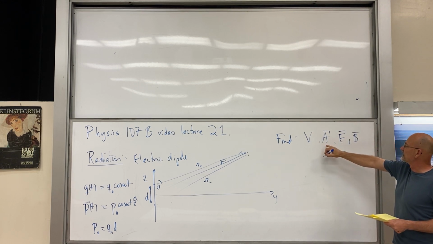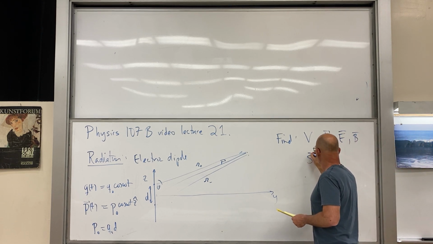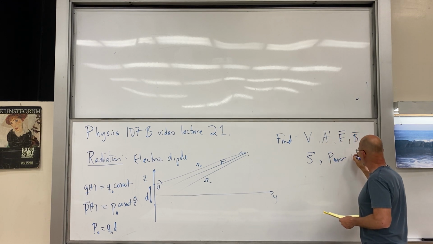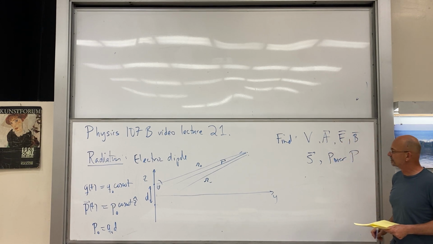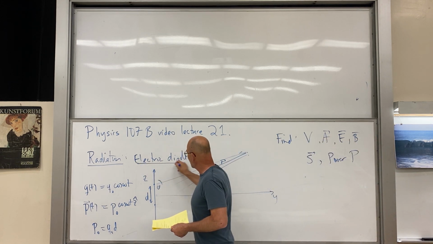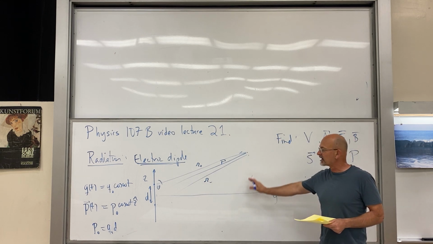So we get potentials, vector potential, the fields, and then S, and then finally the power that's radiated. So this is a really important object here, and it'll be good that we've taken it through systematically and tried not to skip any steps.